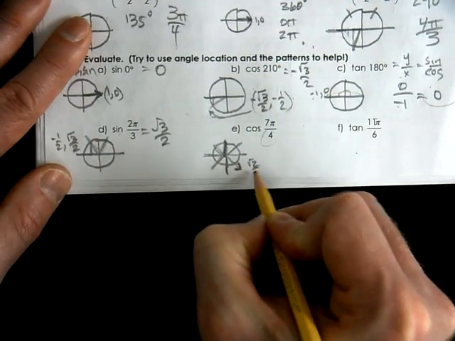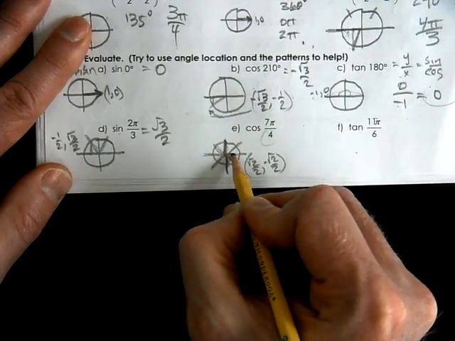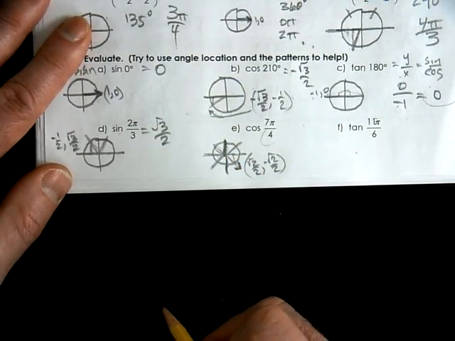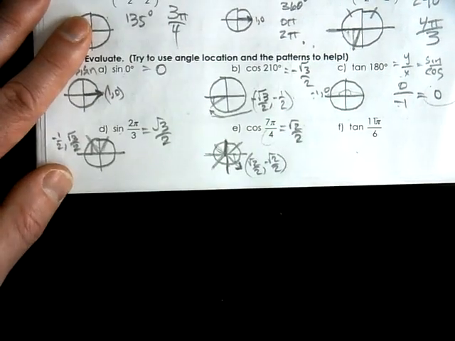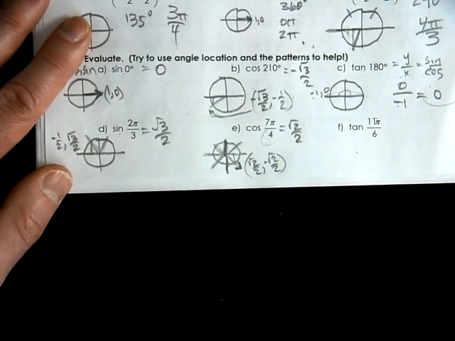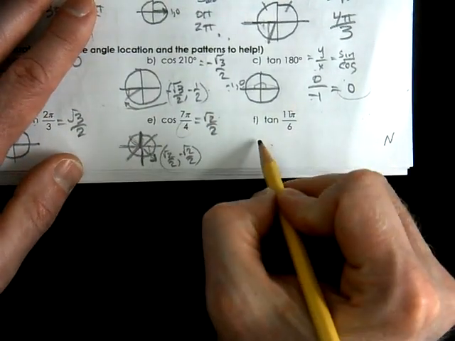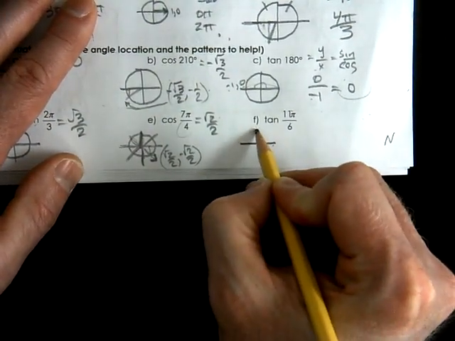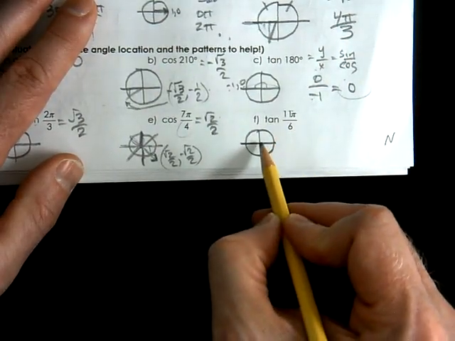That is root 2 over 2 and negative root 2 over 2 because it's positive, negative. So the cosine, the x value, is root 2 over 2. Tangent.